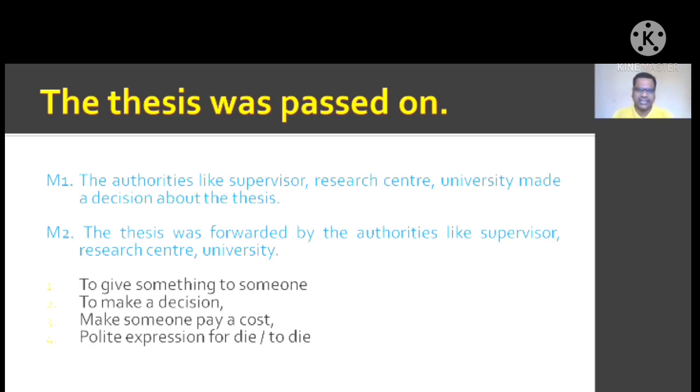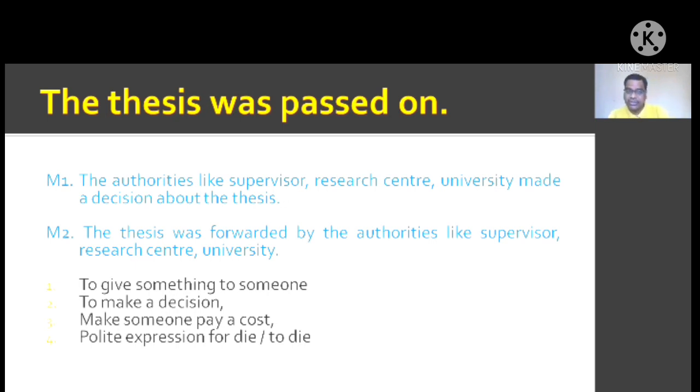And that's why somebody said the thesis was passed on. It means they made a decision about the thesis, whether to award the thesis with the PhD degree or not. That kind of decision is taken.